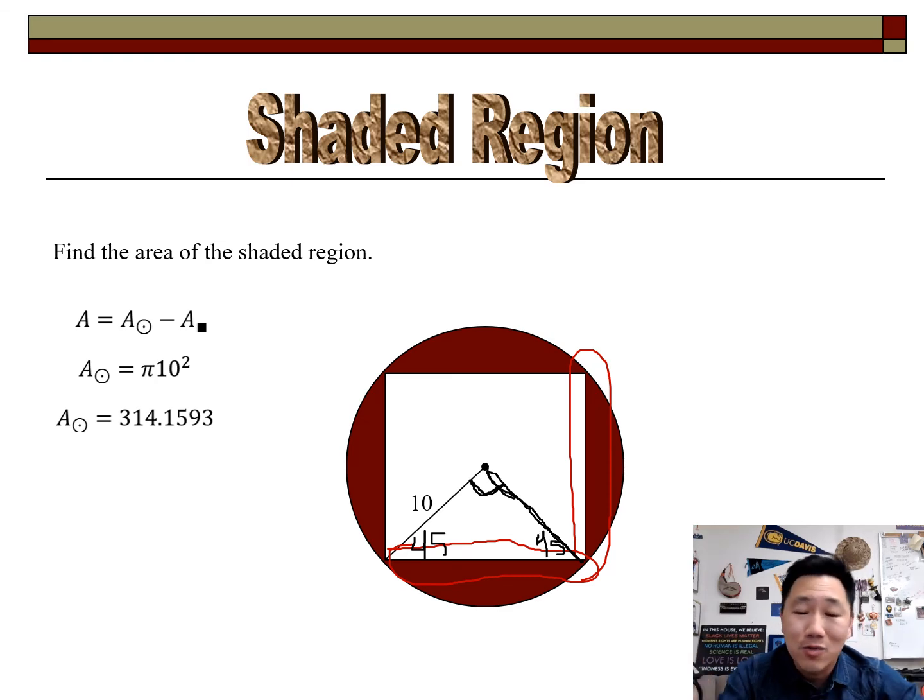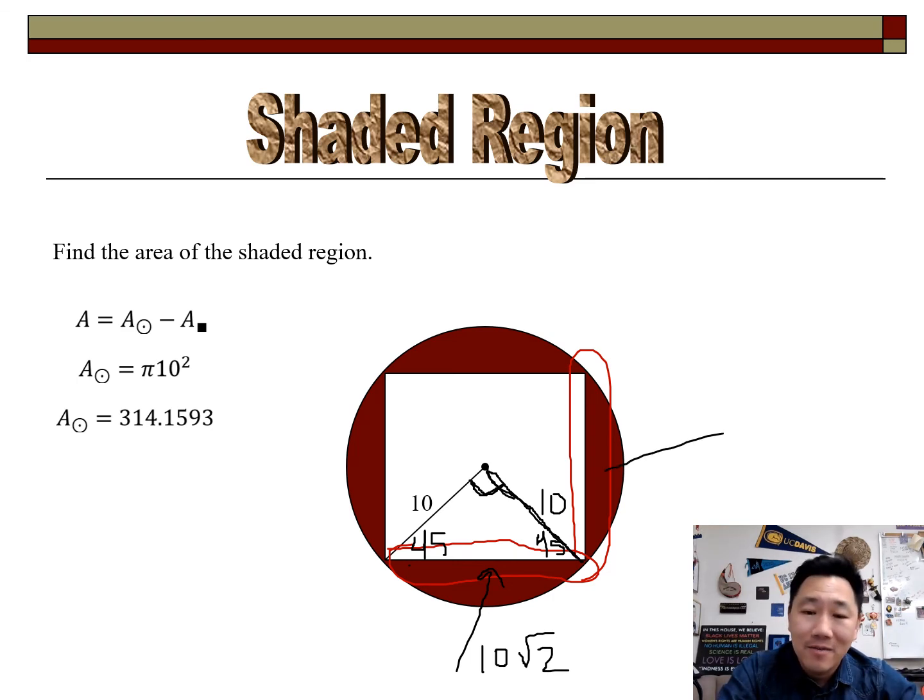We now have a triangle inside that is a special right triangle, a 45, 45, 90 degree right triangle. You have to remember the rules of that. If one leg is 10, the other leg is also 10. But more importantly, the hypotenuse, this right here, is, do you remember? 10 radical 2.